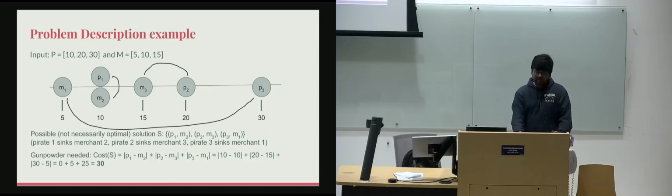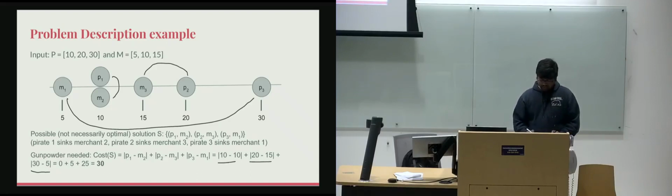The cost would be the difference between the positions of each pair, because that is exactly the gunpowder. So the solution would be 10 minus 10, 20 minus 15, and 30 minus 5, and we add them up and get 30. I think this is not the optimal solution. We can definitely do better than this, but this is one possible case.